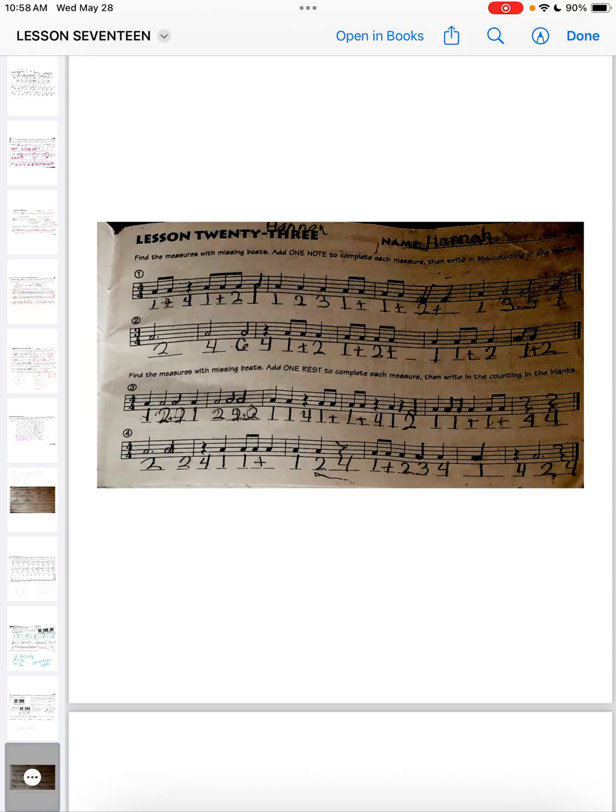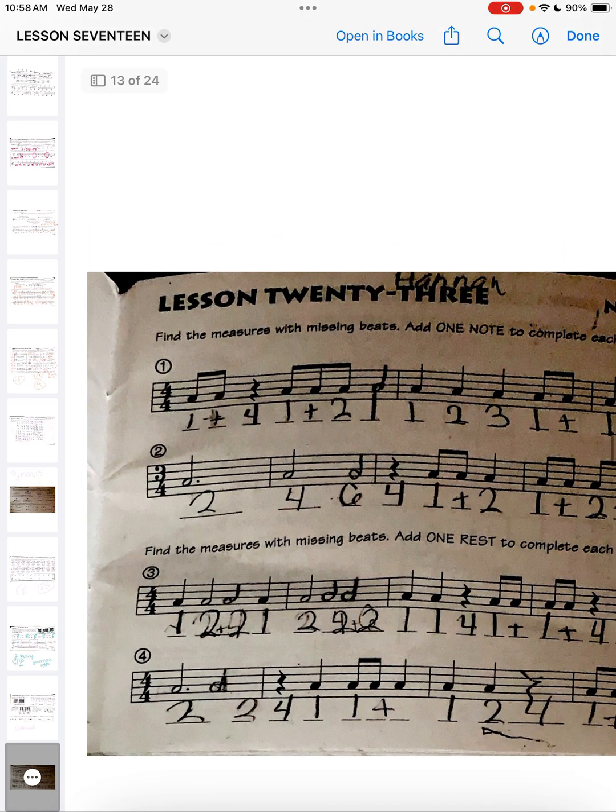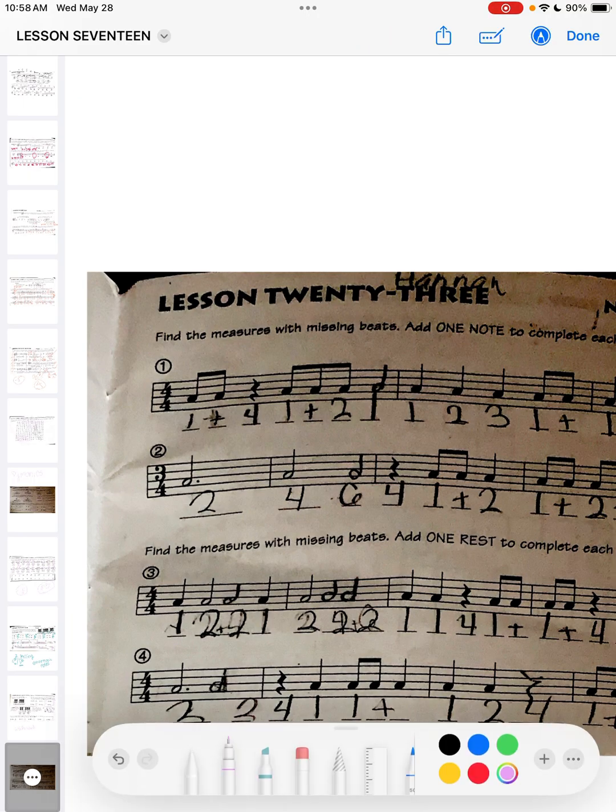I'm going to have to find lesson 23 in there to verify it. Okay, 23. So, finding the measures of them, add one note. Oh, no. 1 and 4, 1 and 2, 1? No. Okay, so the better way you can do this is to state it.